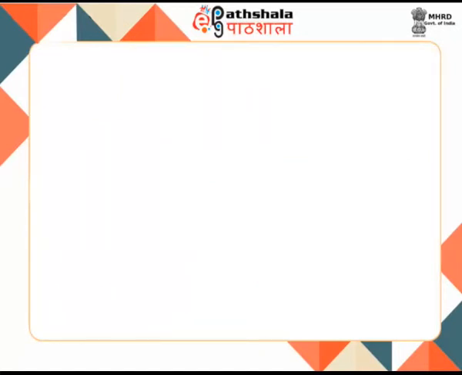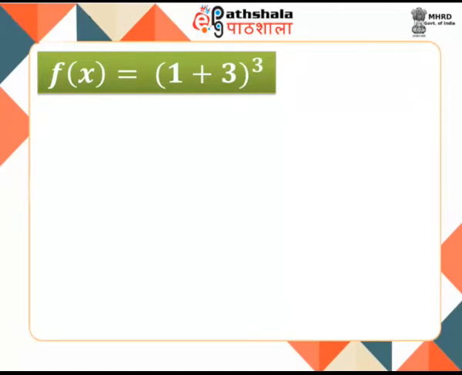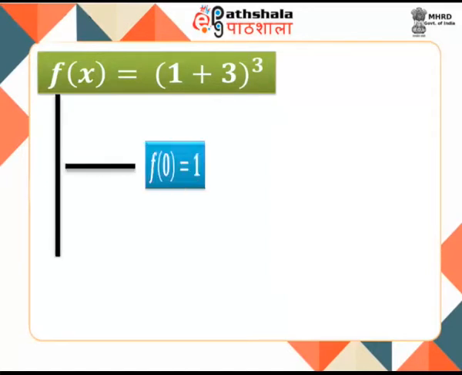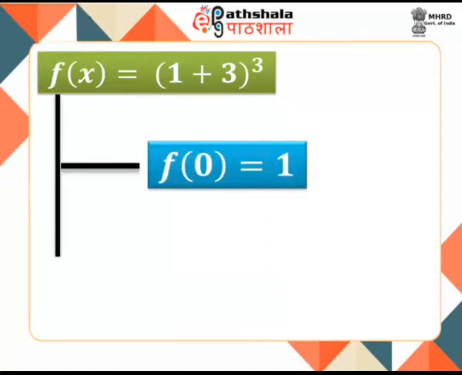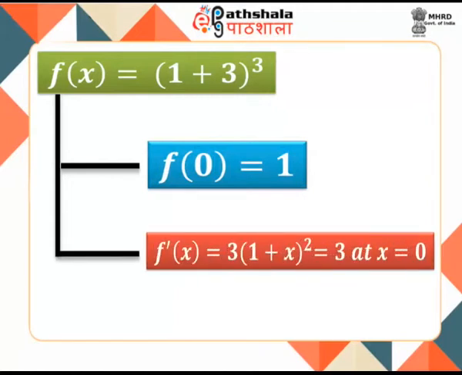For f of x equal to (1 plus x) whole cube, we have f of 0 equal to 1 and f dash x equal to 3 into (1 plus x) whole square, equal to 3 at x equal to 0.